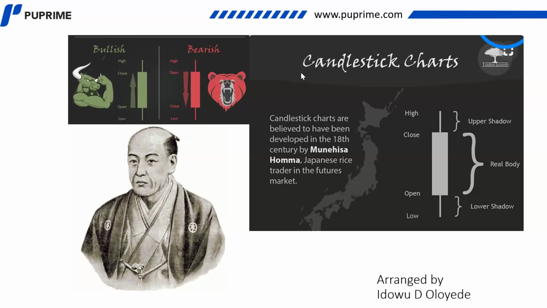These names are gotten from the attacking nature of animals. For example, the bullish candle is gotten from the attacking nature of a bull. If a bull wants to attack, it takes you from the bottom and throws you up with its horn. So this type of candle usually starts from the bottom and closes at the top.